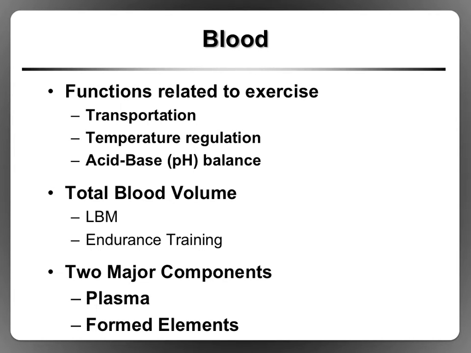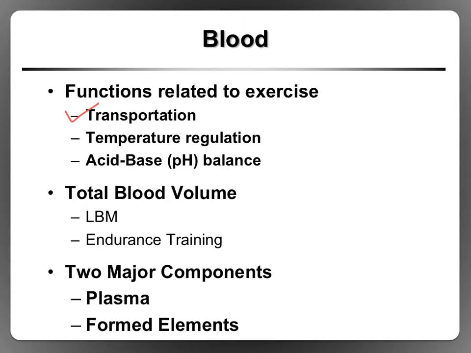And specifically related to exercise, we've talked about blood as a means for transportation. It transports gases, oxygen, CO2, nutrients like glucose and free fatty acids, hormones, etc. So blood has a huge role in transporting things around your body.